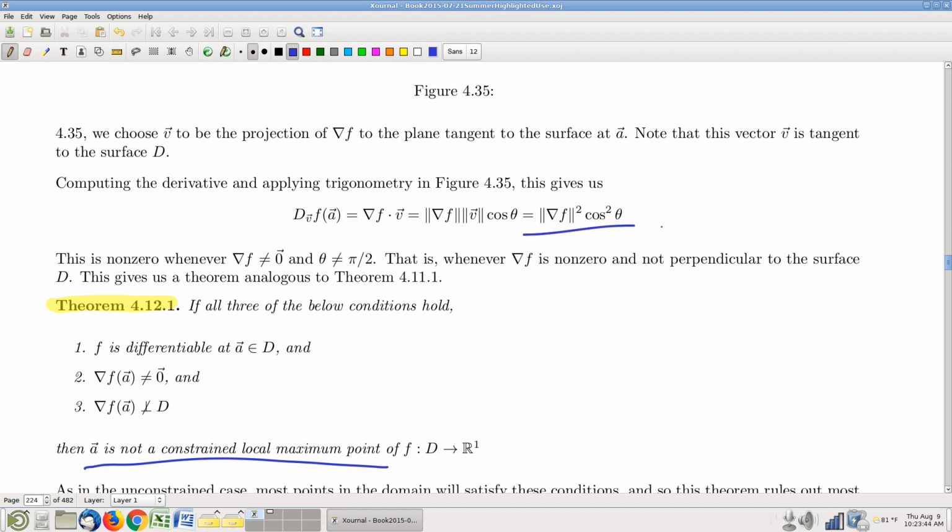When might this calculation fail? There's a couple of ways. You'll notice I cited this formula. That requires that f is differentiable. If f is not differentiable, then my directional derivative calculation is bogus. The argument crashes and burns. So I need differentiability for that to work.